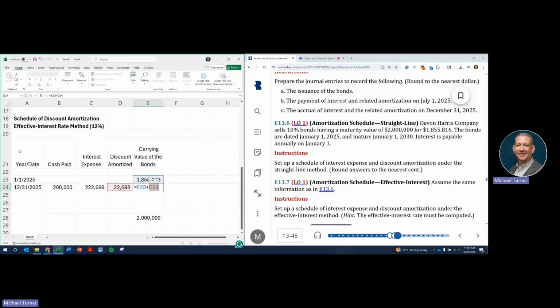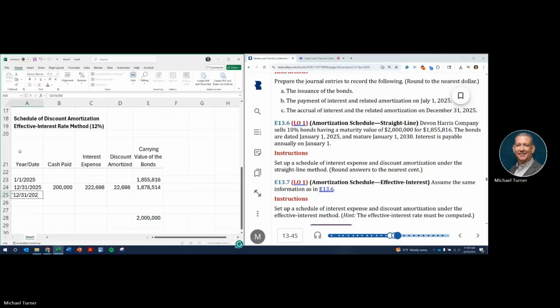And in the first year, we're going to amortize $22,698, which caused an increase of not only the carrying value of the bond, but notice that our interest expense is higher than our actual cash paid for interest, which makes sense in a situation where the effective rate exceeds the stated rate. Interest expense will exceed the cash paid. Interest expense is based on market effective rate. Cash paid is based on stated rate. And in our case, the market effective rate of 12% exceeds the stated rate of 10%.